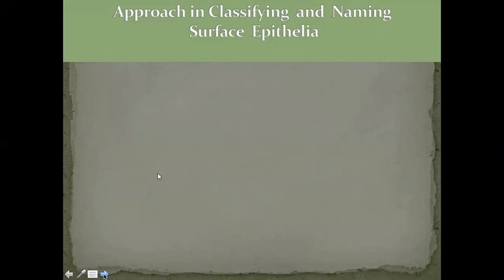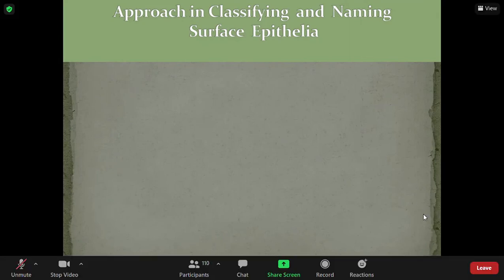All of this will be mentioned from the very beginning up to the end of the histology course. So please understand this heartily and dedicatedly so that you don't get confused along the way. I will teach you the simplified version of classifying and naming surface epithelia.